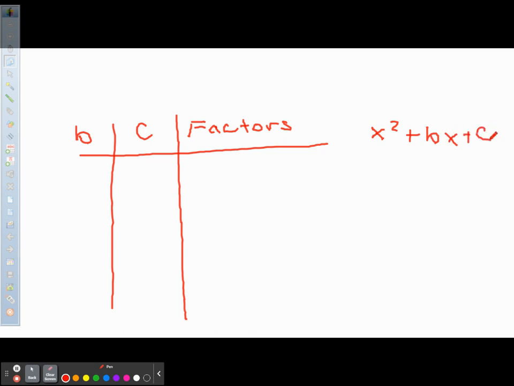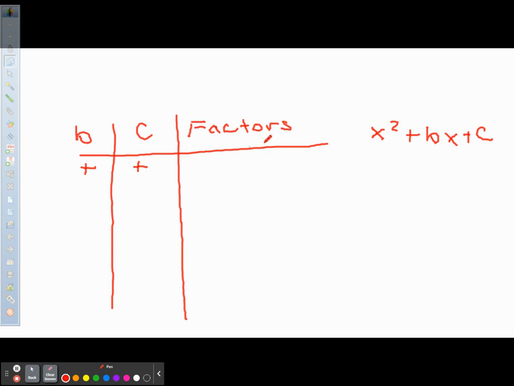Look on your worksheet and find a problem where both b is positive and c is positive. Find a problem on the 7.4 worksheet. On number 1, the 2 factors that we used, were they both positive, both negative, or different signs?